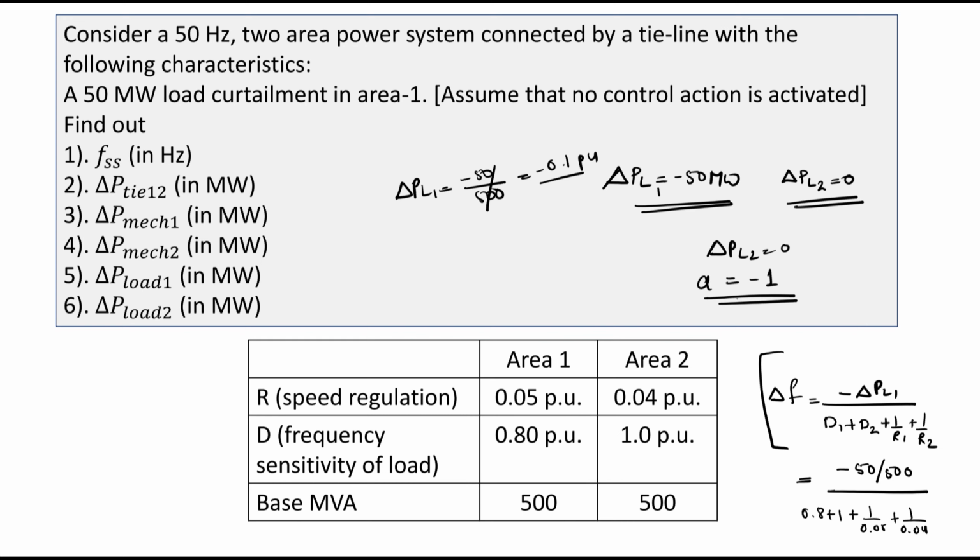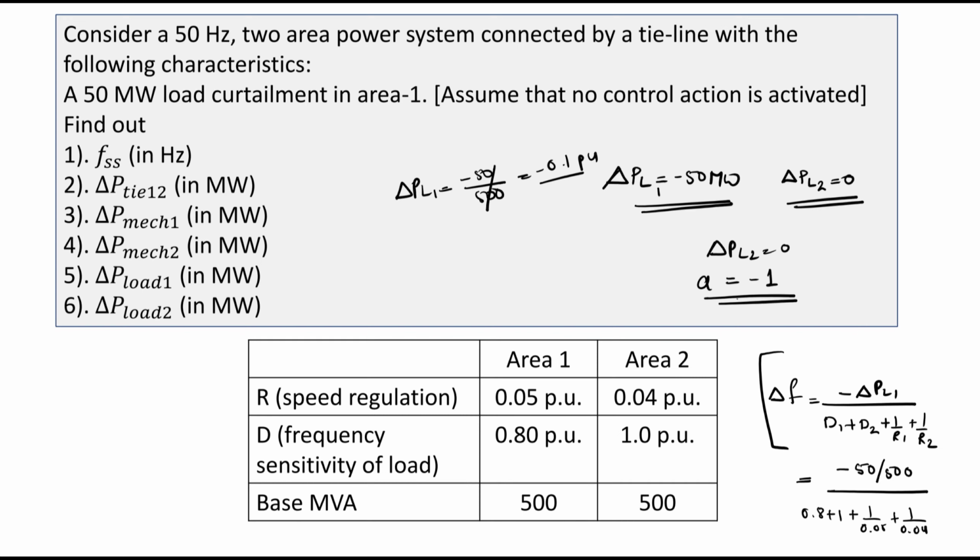To find out the steady state frequency, delta P tie, all these steady state values need to be found out. So this is R, D and base MVA. The base MVA is the same.